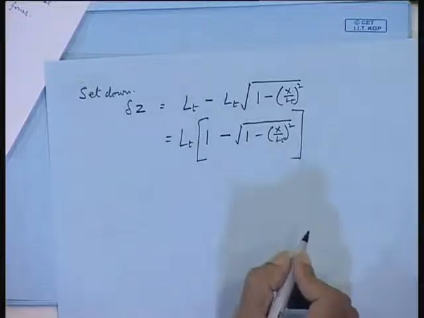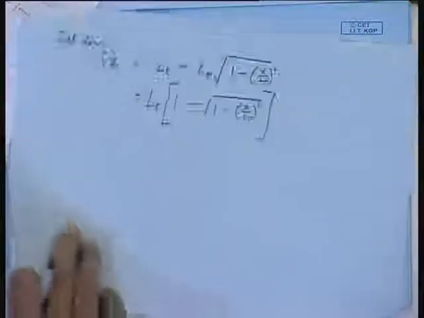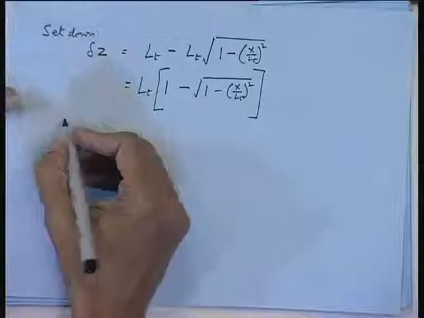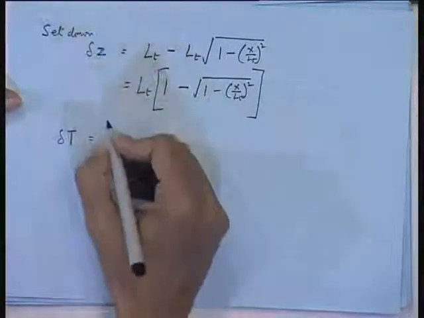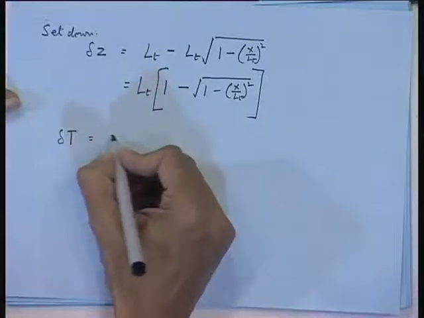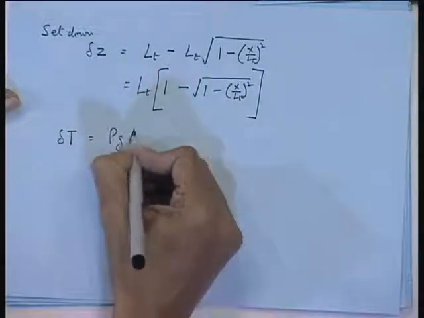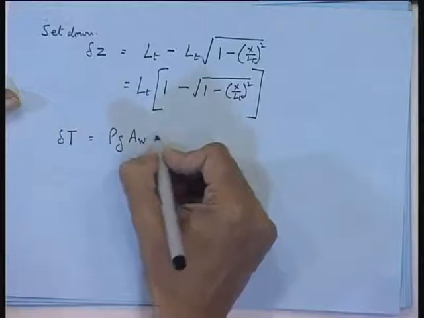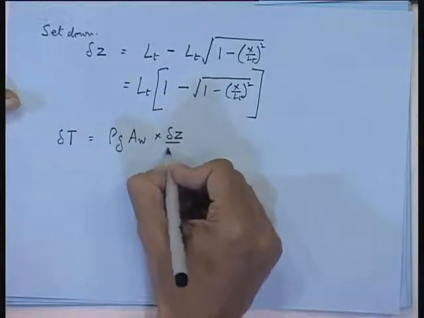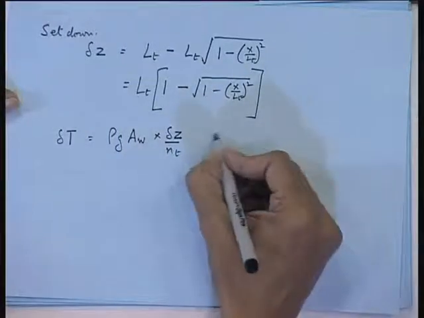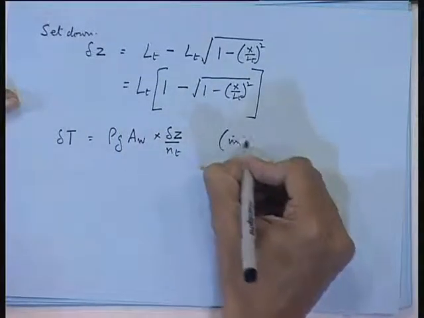Now, this set down will transport into increase in tension. So, delta T, you find out delta Z from this, this will be rho G A W multiplied by delta Z divided by LT. So, this is your increase in cable tension.